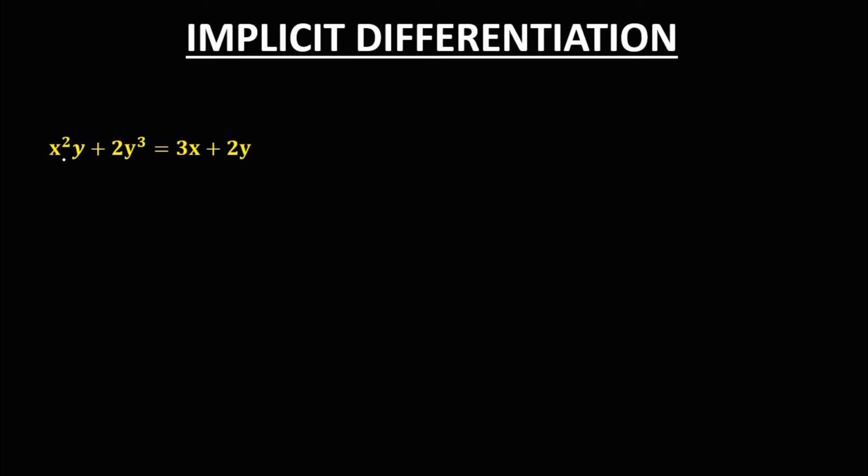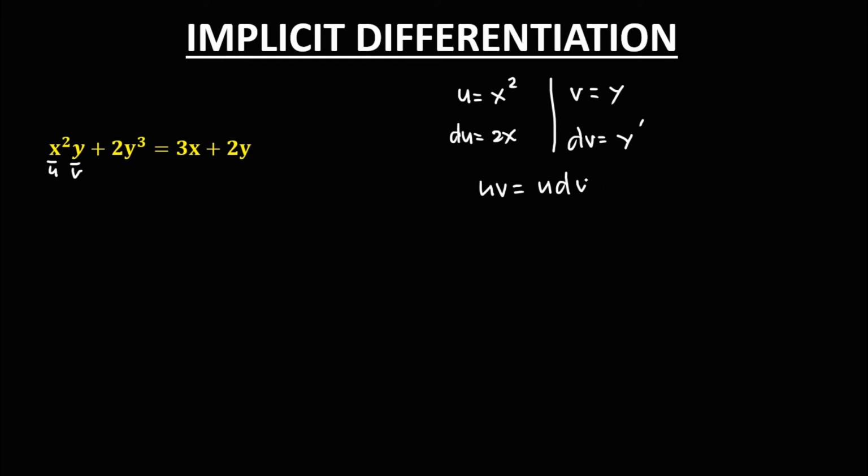Then for this given, using the product rule, this one is u and this one is v. So u is x to the power 2, and the derivative of u, the derivative of x squared, is 2x. Then v is y, and the derivative of v, or derivative of y, is y prime. From the formula, the derivative of u times v is u times the derivative of v plus v times the derivative of u.